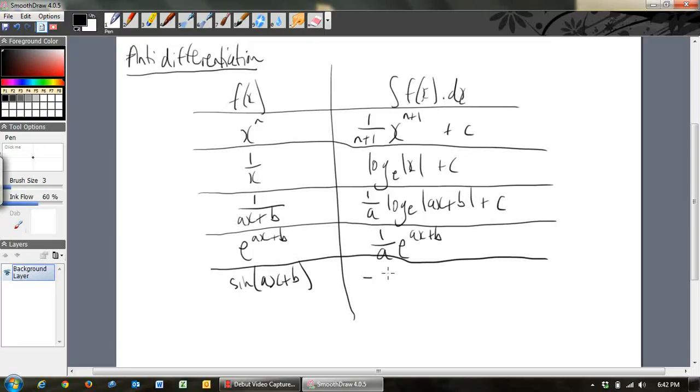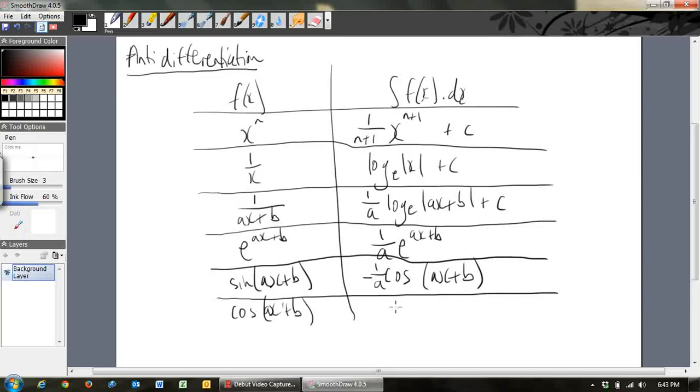We'll go to, instead of cos, because we're going the other way, negative cos of ax plus b, but again we have to divide by a because of the chain rule. And cos of ax plus b will go to sine ax plus b, again 1 over a.